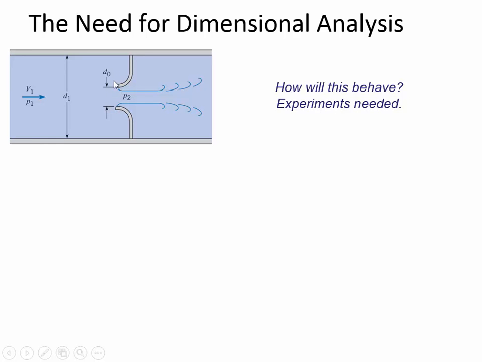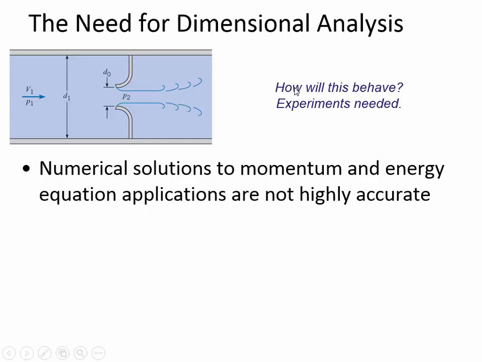If you're thinking in 3 dimensions, this would represent an orifice inside of a pipe, but you've got flow going the opposite direction through that orifice inside the pipe. So, how is this going to behave? With a situation like this, you'd have to do experiments, but you can get an idea of what the result may look like through dimensional analysis and developing something known as pi groups.